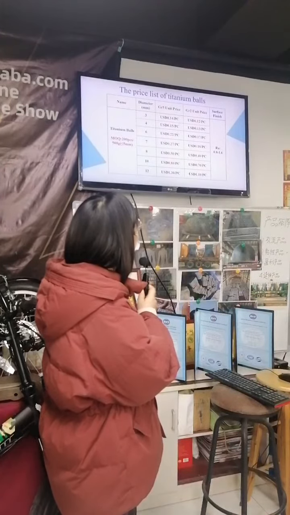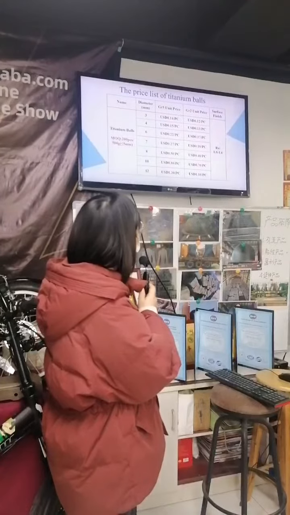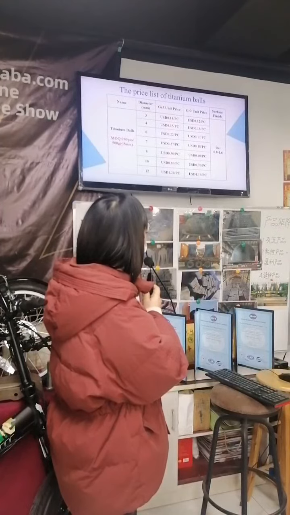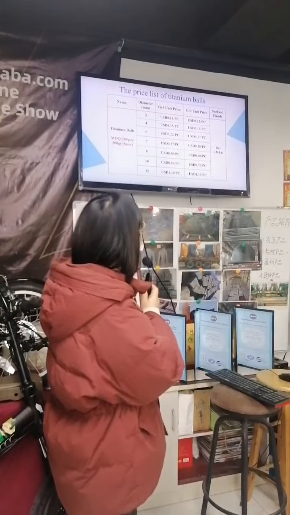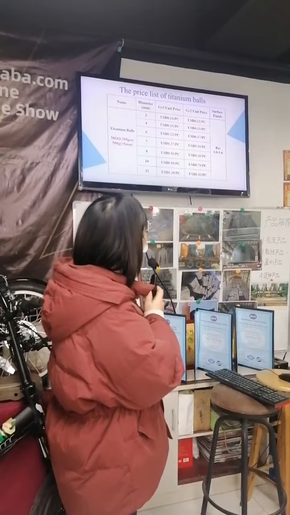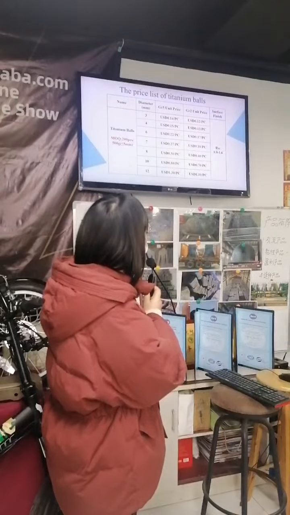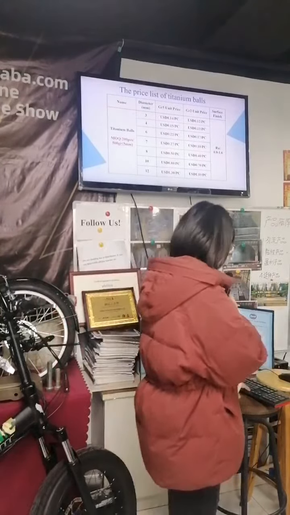And like the GR5, its unit price is 0.14 US dollar per piece and 0.15 per piece. And GR2 unit price is cheaper than the GR5's unit price.